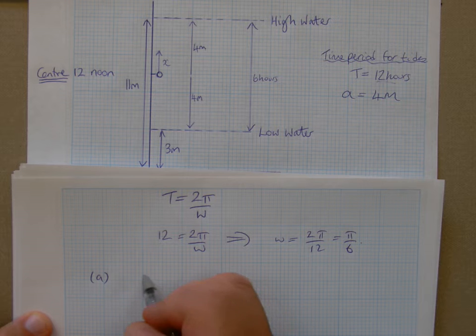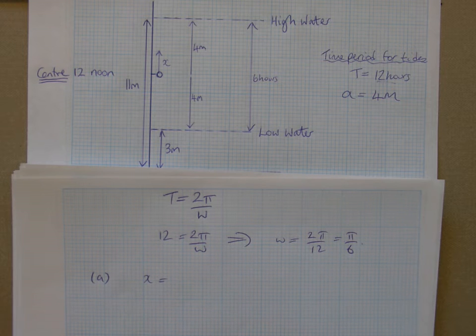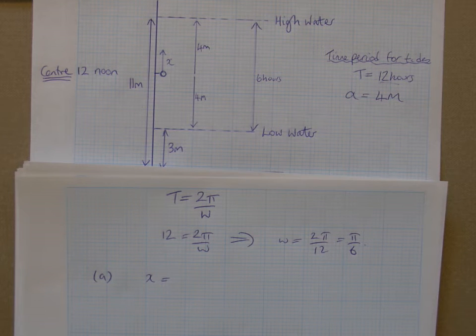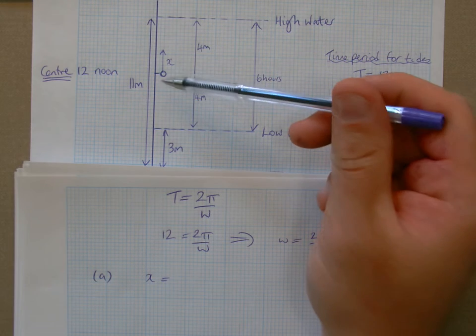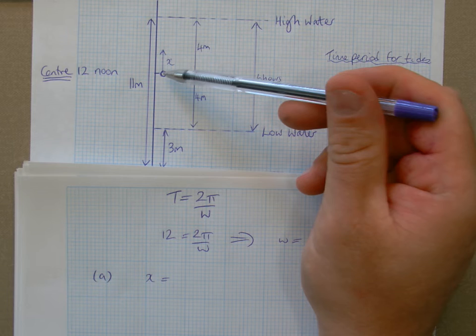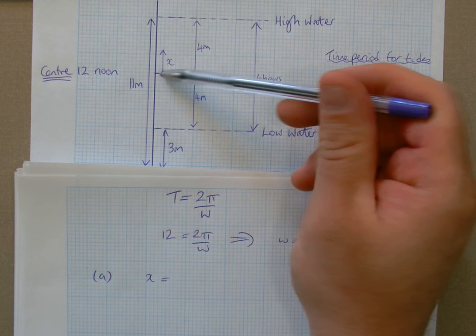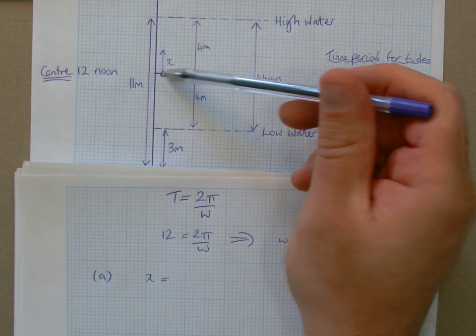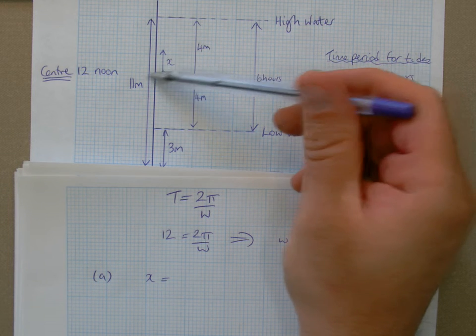Remember, for the displacement x, we either use A sine omega t or A cos omega t. Because they pitch this to us at 12 noon, and say it's at the center, between low and high at 12 noon, it's at the center at the beginning of our time.